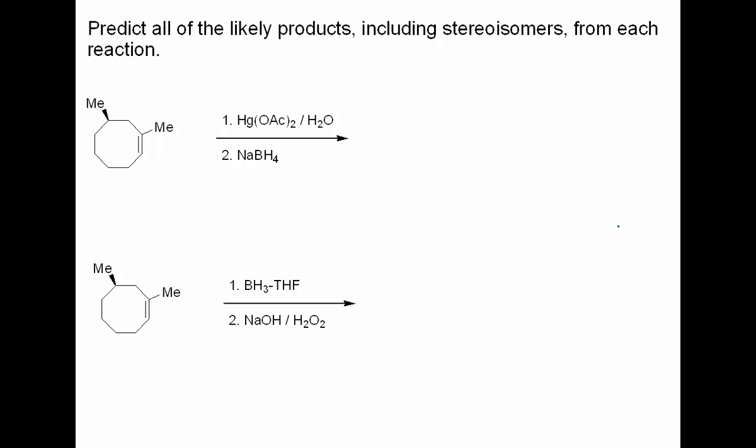We're going to end this video with a problem. You should pause it and do it, but let's just think about what we get here. Predict all of the likely products, including stereoisomers, that you would get from each reaction. The first one is a Markovnikov addition. So we're going to add OH here and H there.